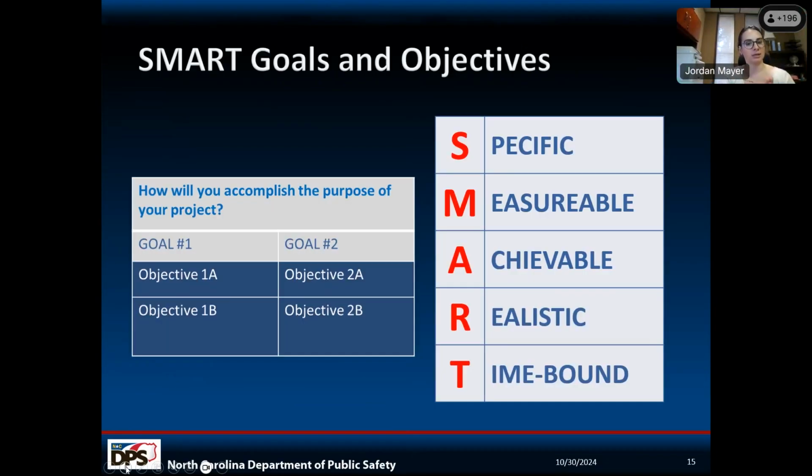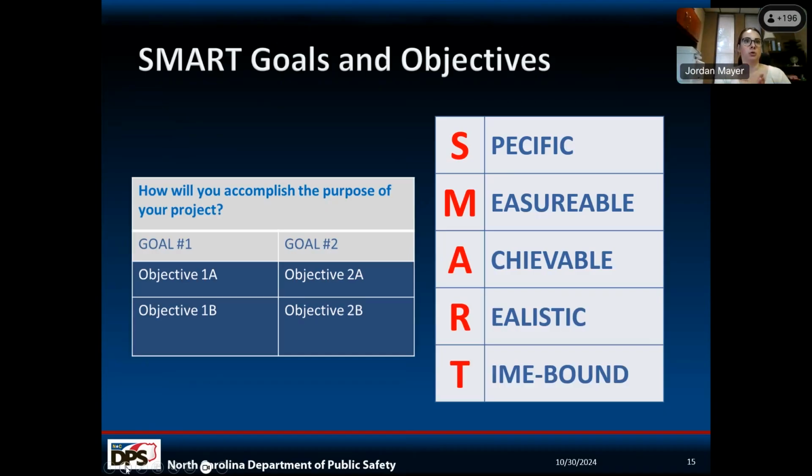And then these are the goals and objectives in your application. We use the acronym SMART, which you probably have heard of. It stands for specific, measurable, achievable, realistic, and time-bound. This is a section that I see often being sent back for edits, primarily because it's either not specific or it's not measurable.